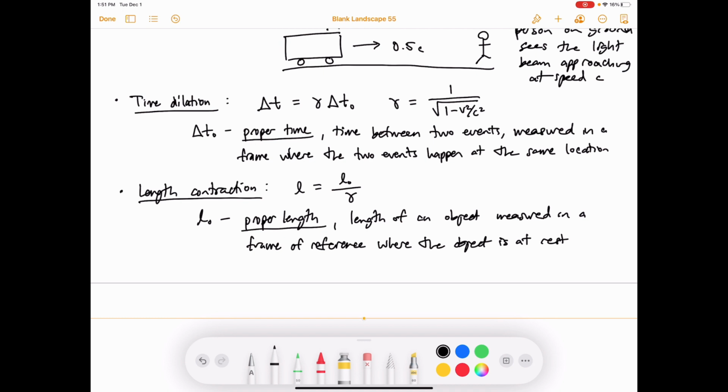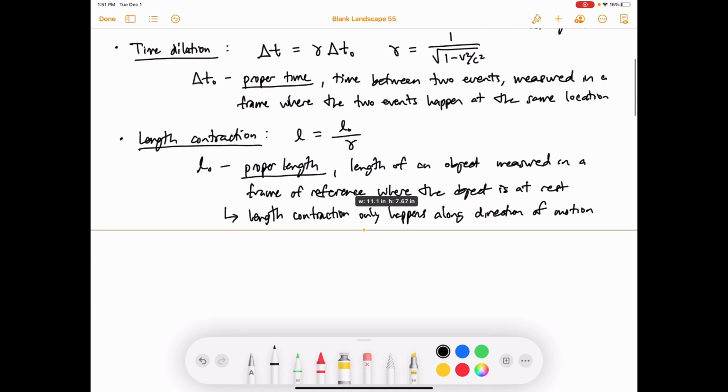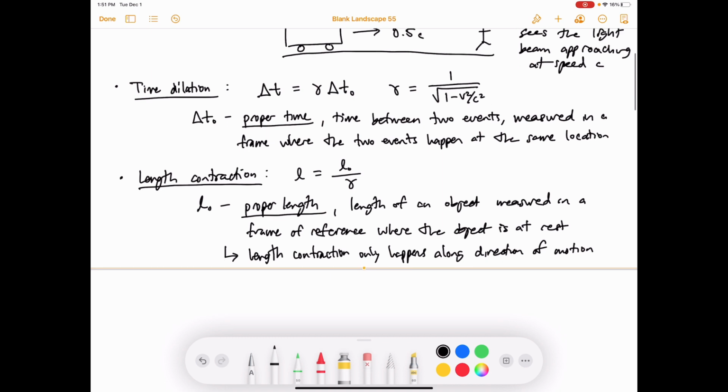The last thing to note is that length contraction only happens along the direction of motion. Any length perpendicular to the direction of motion is not going to be changed.